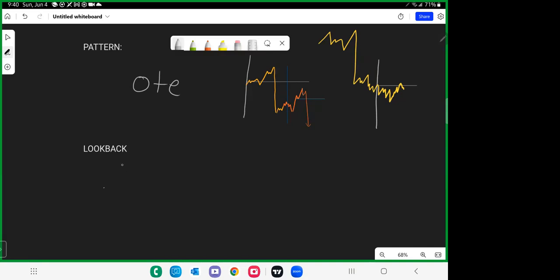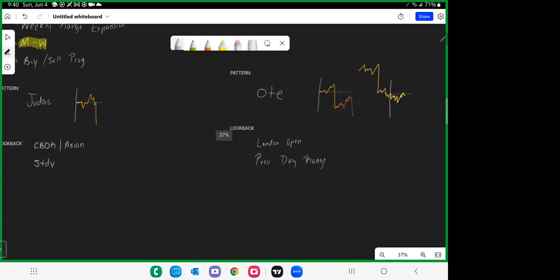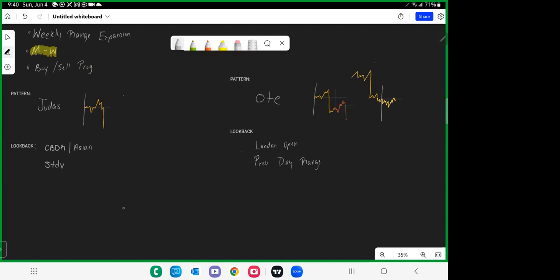So the look back function that we're going to use for New York is the London open kill zone, the range from London open. And if London open does not give us what we want, then we're going to use the previous day's range. Now, for all of these, we always want to be knowledgeable of our 20, 40, and 60-day look back ranges.